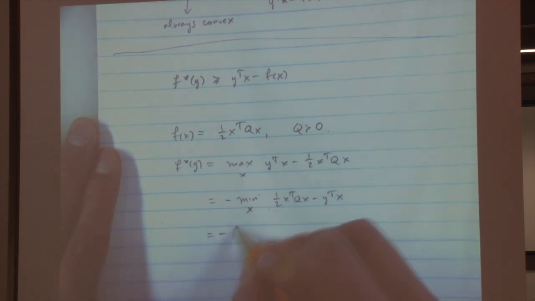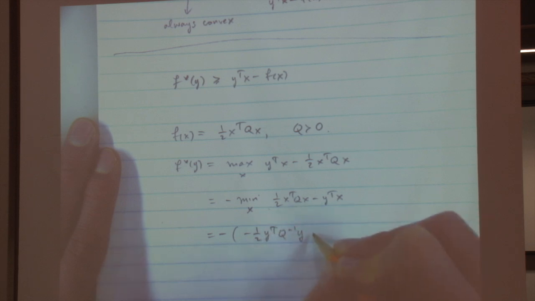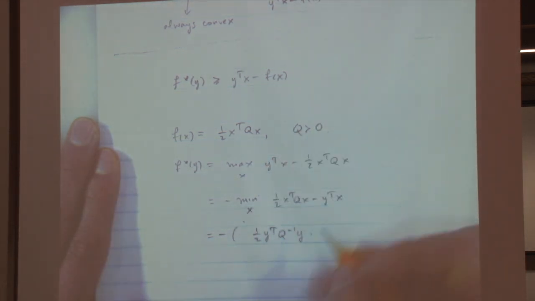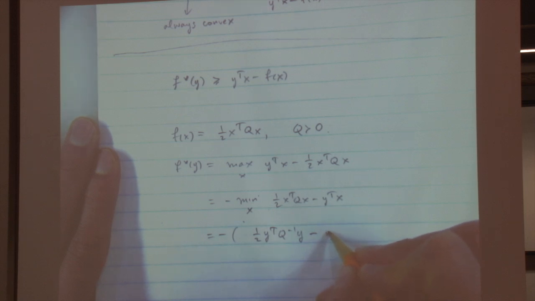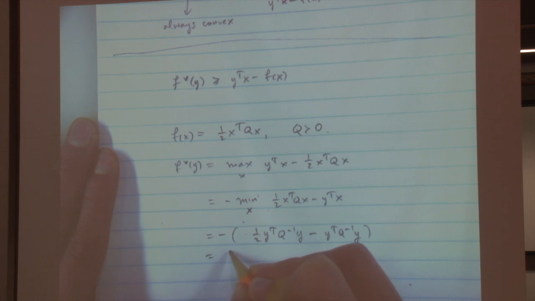And I see that I get minus 1/2 y transpose Q inverse y. Sorry, there's no minus there. Minus y transpose Q inverse y. So the whole thing is just equal to 1/2 y transpose Q inverse y.